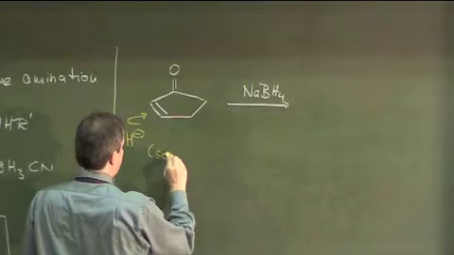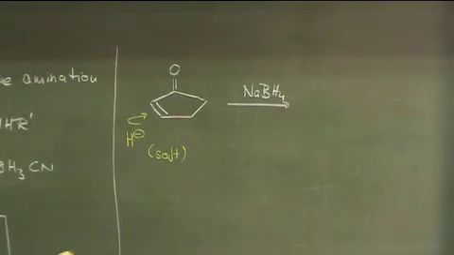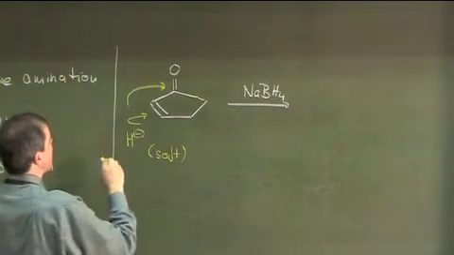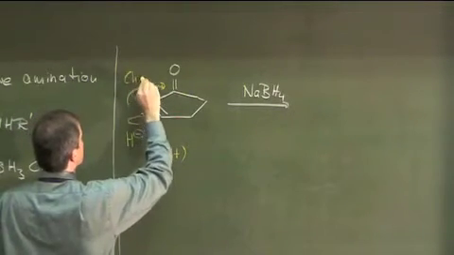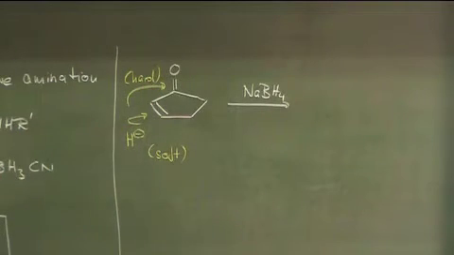And we all know that this is the soft spot of the alpha-beta unsaturated ketone. It can react here, which would be the hard center.